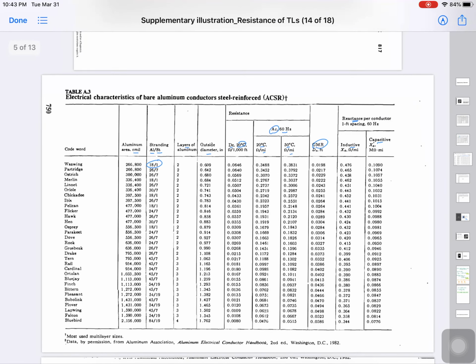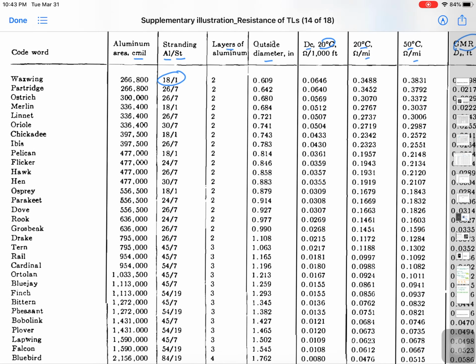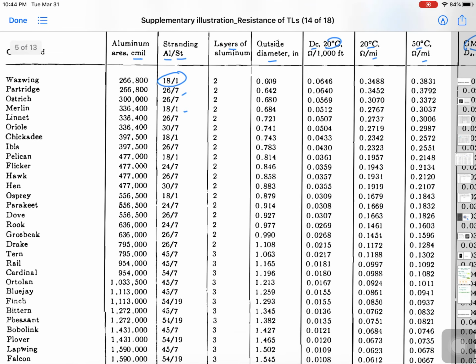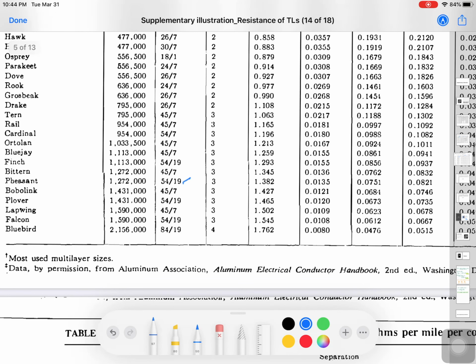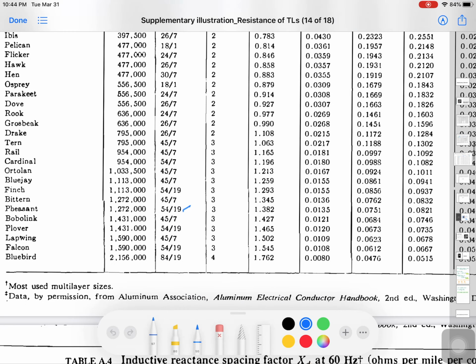As you can see here, it is easier. The number of stranding, if you can see it, is 7, 1, and 19. That's all. And there is not even a layer that is more than 5. So it is easy to identify how many strands or layers of aluminum or steel.